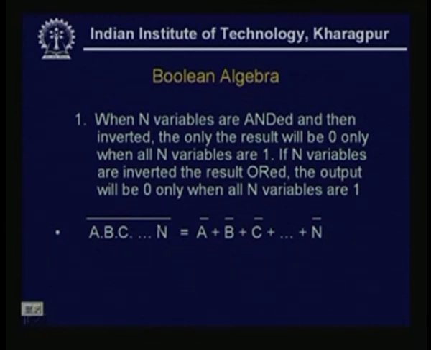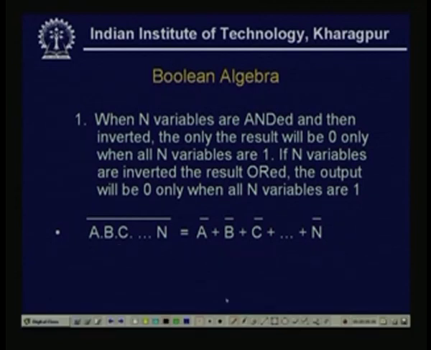Now, first these n variables are ANDed. So, this dot means an AND operation is being done. Now, the whole thing is inverted, that means the complement of the result is taken.